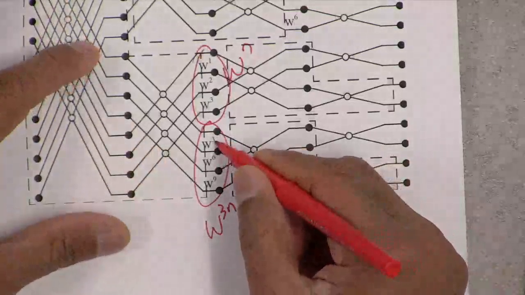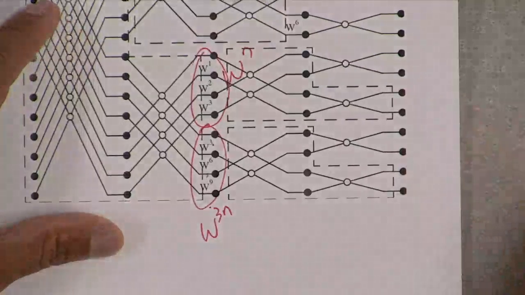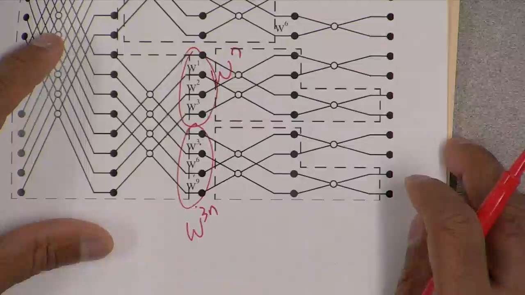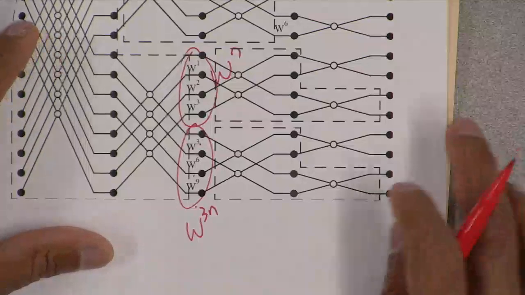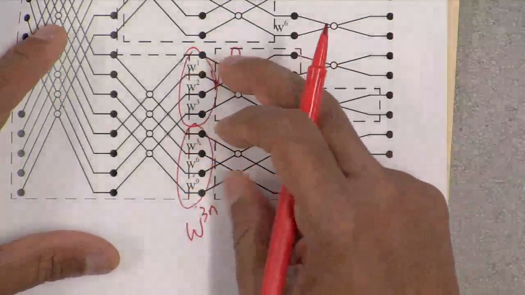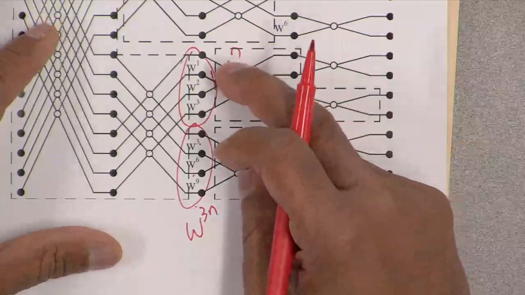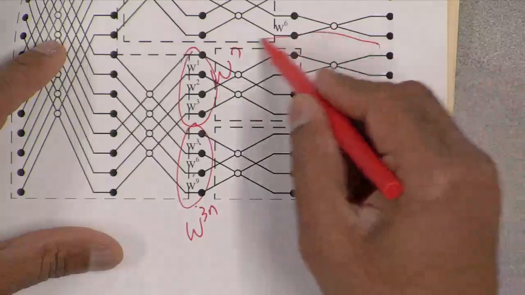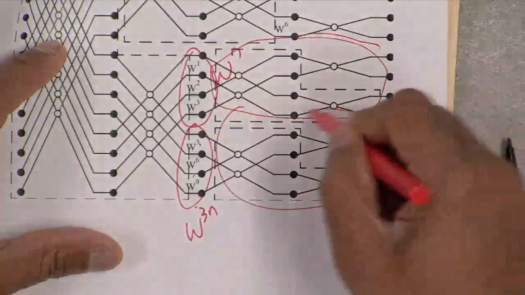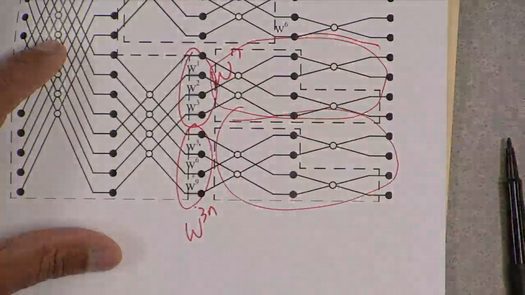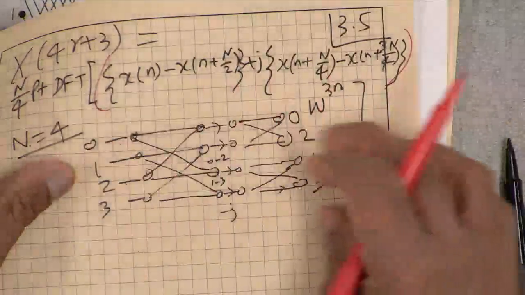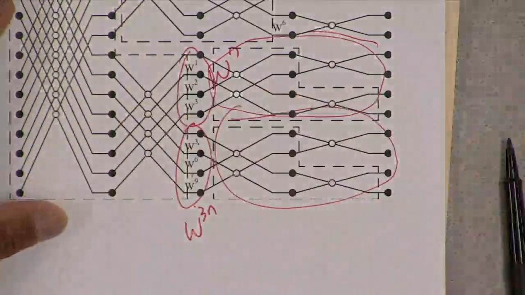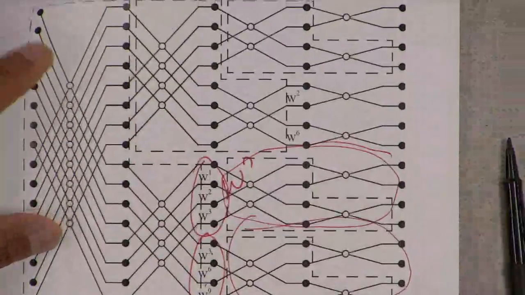Once these are multiplied, then you compute these n by 4 point DFTs, where n is 16. What's pasted here are the 4 point DFTs that I showed in the very beginning. Just take that and put it here, and that's your last homework problem.